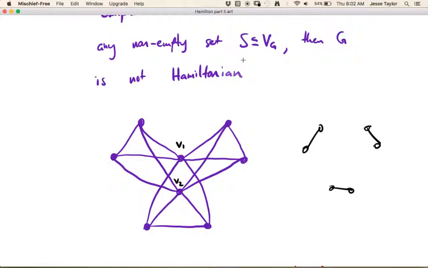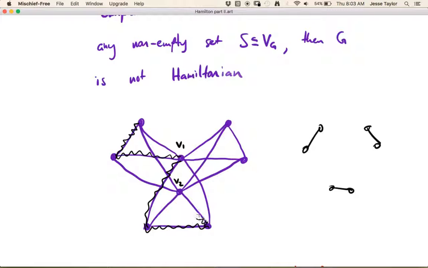And if you think about what's happening here, let's just try to build a Hamiltonian cycle. Let's say we start here and we go along. Now we use V1, and that's one of the 2 pathways between these 3 pieces. For example, I could take it down here, and so now I've traveled from this piece down to this piece. Maybe I use this edge.